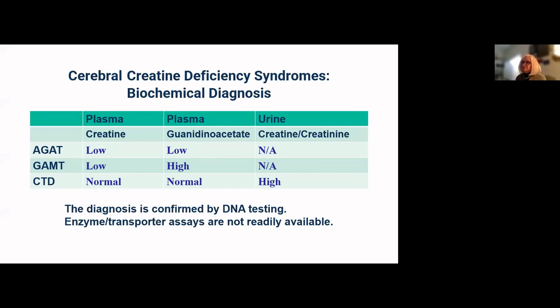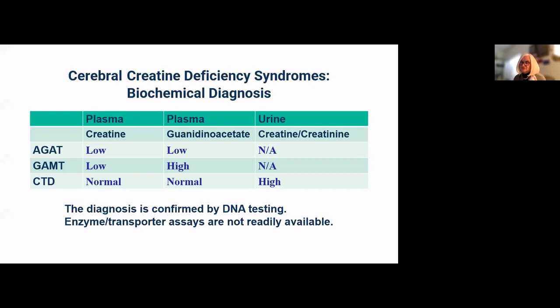We need to be very careful in using this test. If you are trying to identify a patient with cerebral creatine deficiency syndrome, you need to use both plasma and urine and measure creatine and guanidinoacetate in both specimen types.